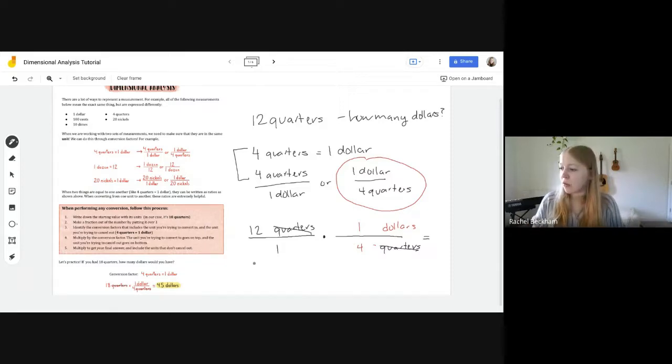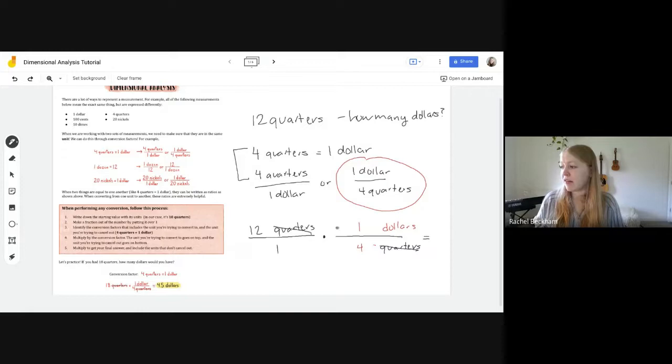Just like 4 times 3 over 4, the 4 actually would cancel out and that would equal 3. So if a number is on top and then multiplied and then on bottom again, it actually just cancels out. And so because we have quarters on top here and then quarters on bottom there, it's going to cancel out. And we're just going to do 12 times 1 divided by 4.